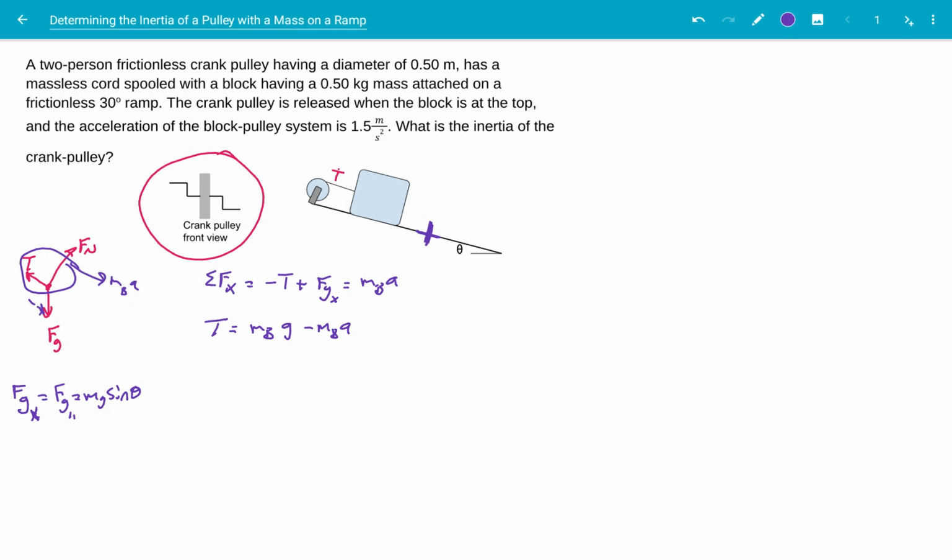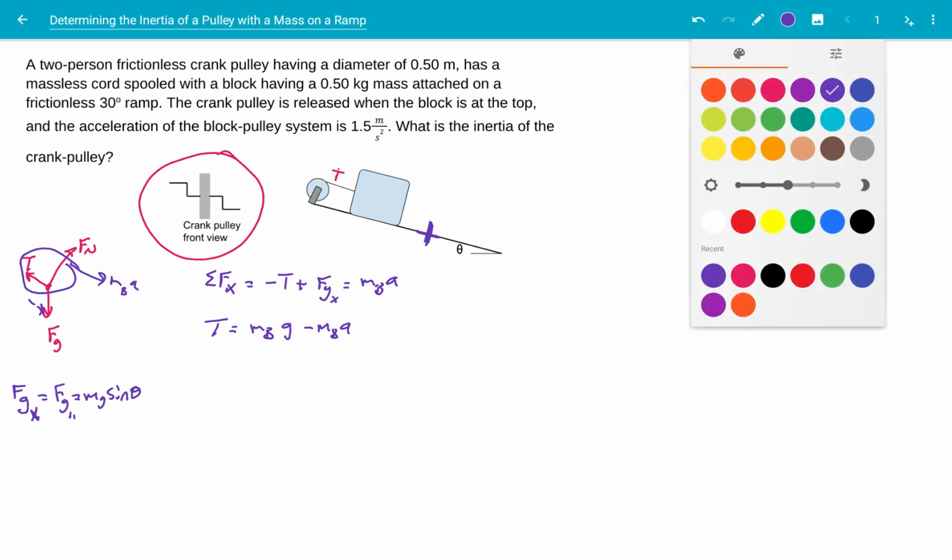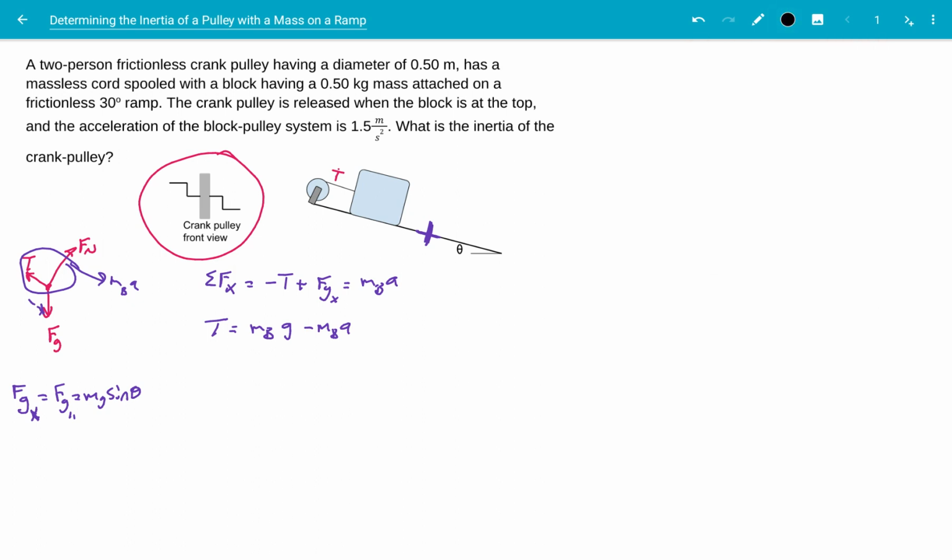Okay. We need that acceleration. That acceleration accounts for the inertia of the block and its angular acceleration. So now we can take the sum of torques. Now the pulley is going to be spinning, and if you look here at the top by the pulley, I'm going to make an arrow with an arc, and I like to use the right hand rule, so this is going to be a minus direction.